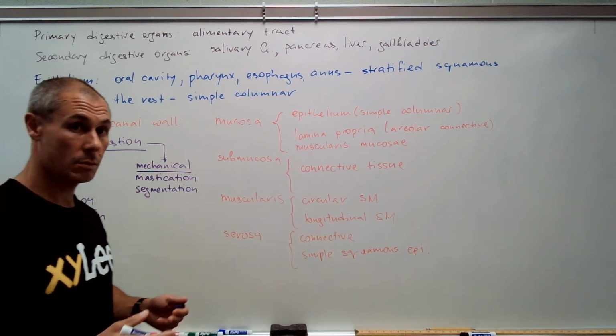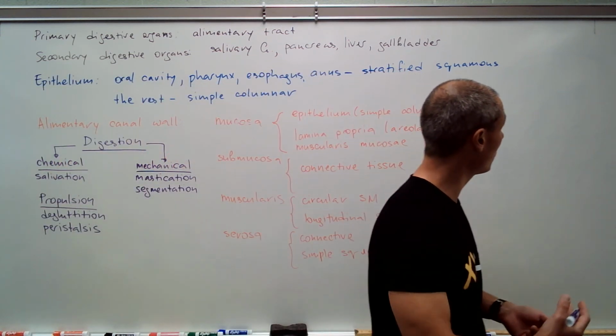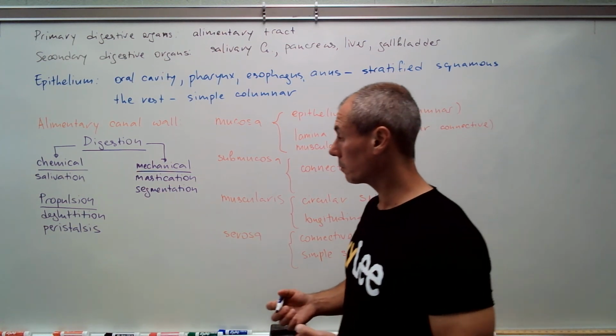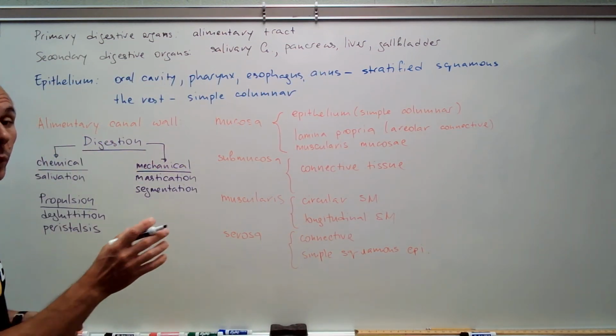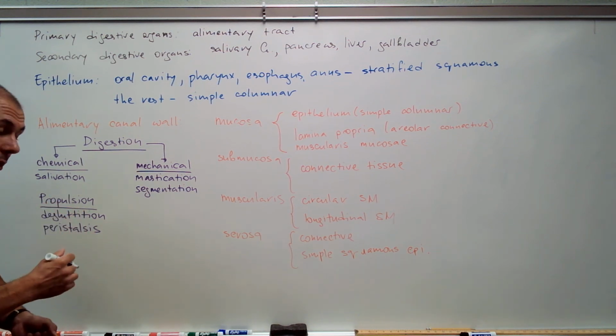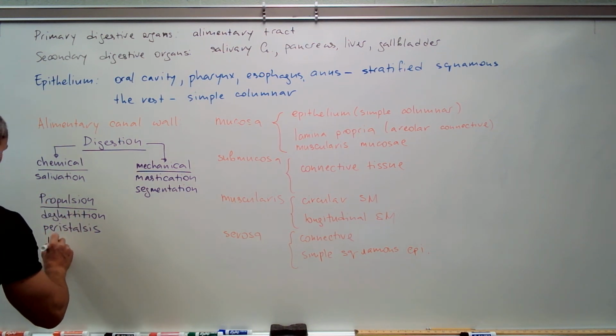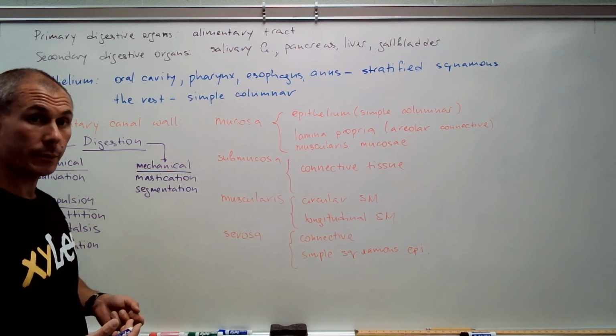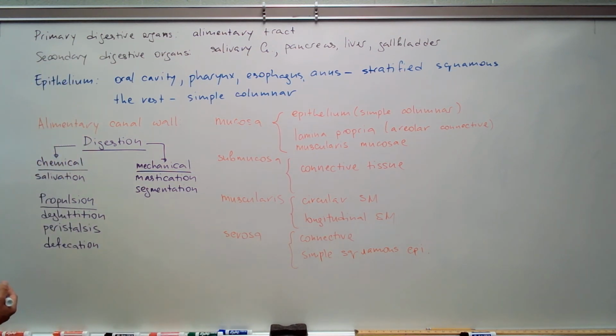Does that make sense? Swallowing and then food moving farther down. And finally, well, technically we can include a third one, to complete the picture: defecation. Okay, that's the last one. And on top of that, we have digestion, propulsion, absorption.